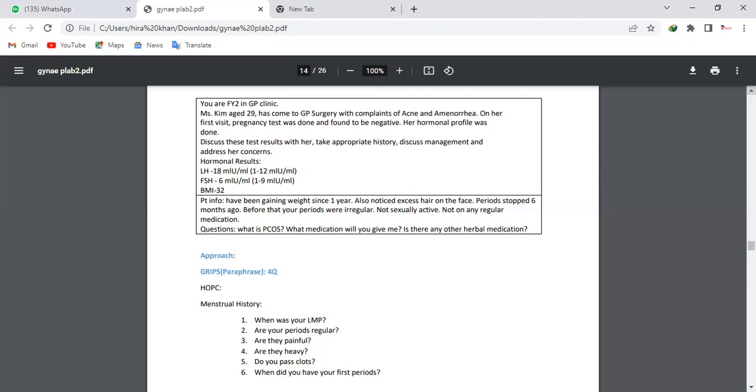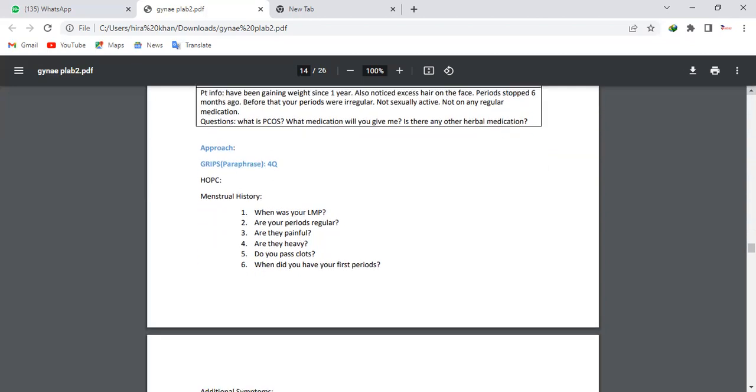Have you consulted anyone, like any GP visit? No. Okay. Are you taking any medications, like contraceptives? No, doctor. Have you noticed any excessive hair in areas where it should not be found? Yes, I noticed excess hair on my face.